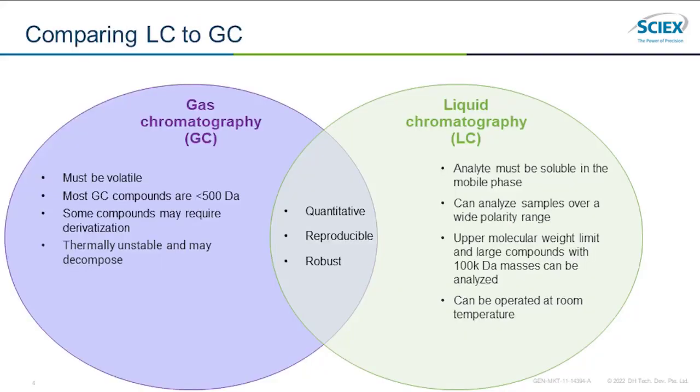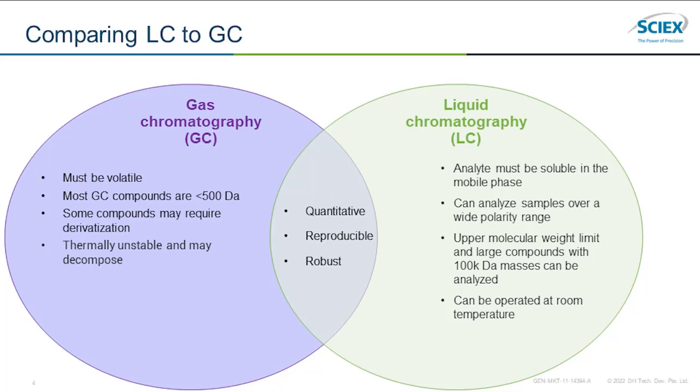If you're unfamiliar with LC and its role, but you've used GC in the past, there are a lot of similarities, but also some differences. For GC, or gas chromatography, the compound must be volatile, compared to liquid chromatography where it must be soluble. Those are the two big distinctions between the types of analyses.